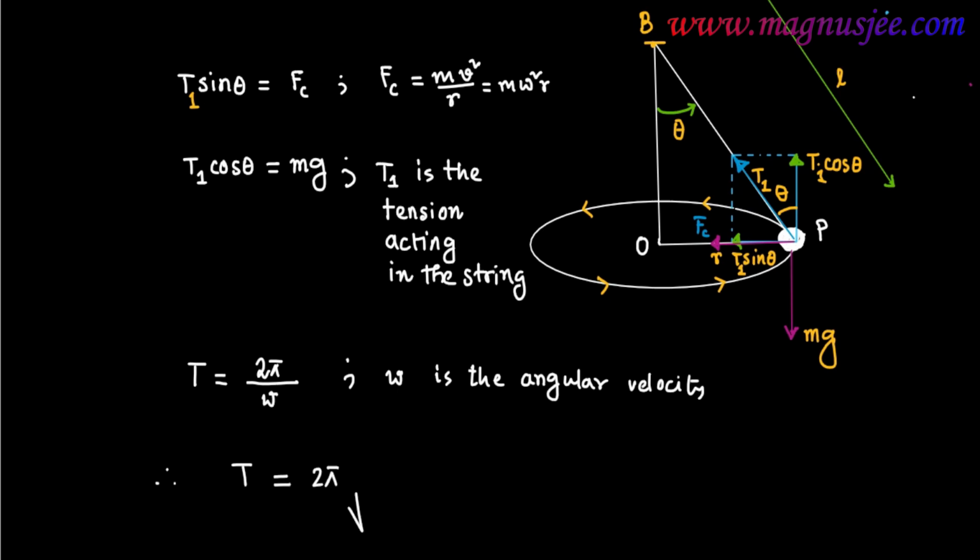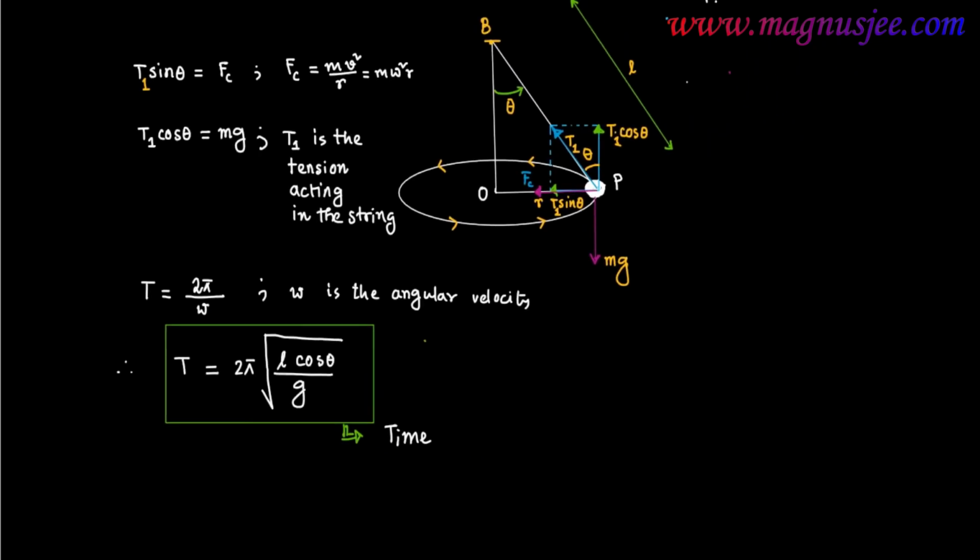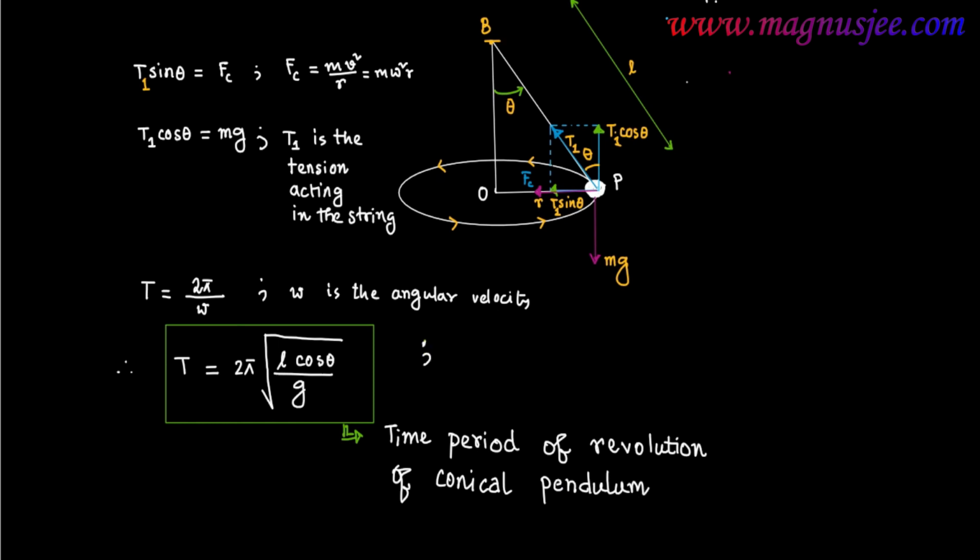So we get the expression of time period T as 2 pi root over L cos theta divided by g. This is the time period of revolution, not oscillation, of the conical pendulum, where L is the length of the string.